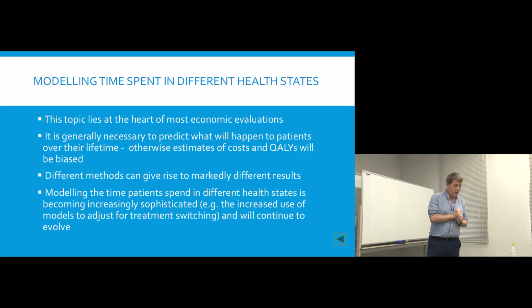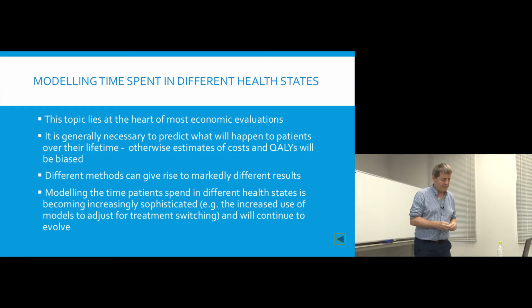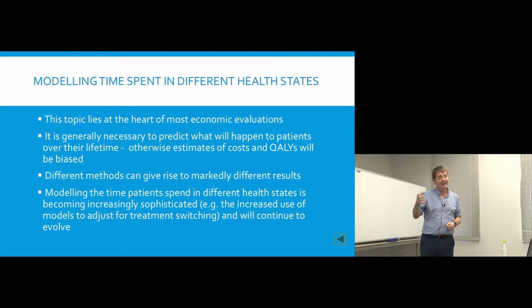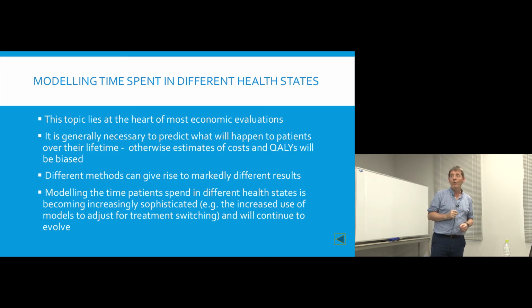So that's important. We need to know how much time patients will spend in different health states. But of course, the second thing is, we don't usually know that. We don't usually have clinical trial data that tells us that. What we have is some limited period of follow-up. And so we have to go from that to predicting the future, predicting what health state and for how long patients will spend time in.